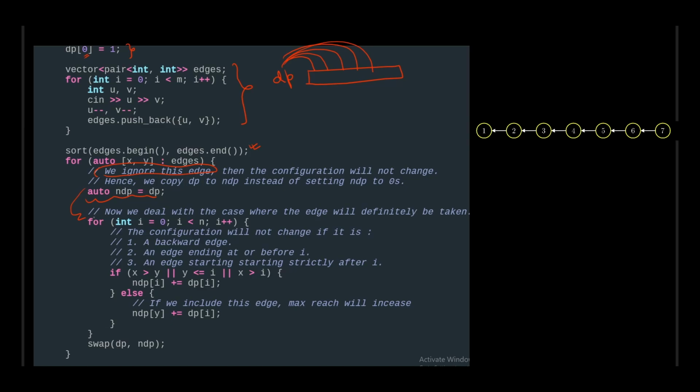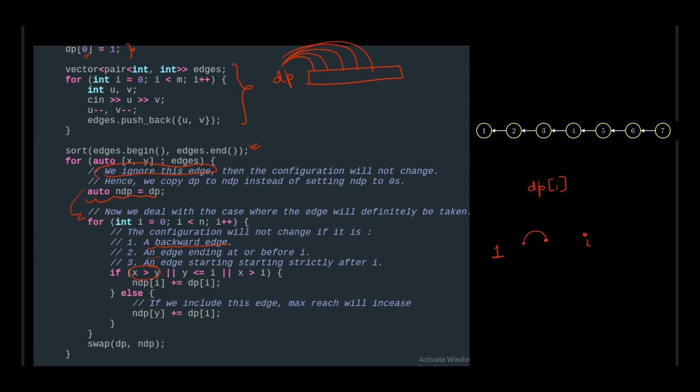Now, if you decide to take that edge, then that can either be a backward edge. How do you determine if it is a backward edge? You can just check if x is greater than y. Or if it is not a backward edge and you are trying to update dp of i, and suppose this is 1, this is i, what if it is an edge that starts over here and then ends over here?